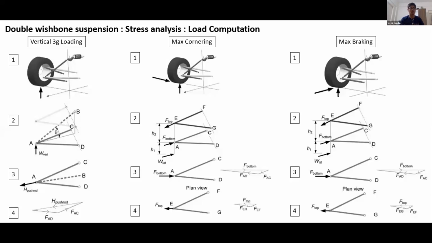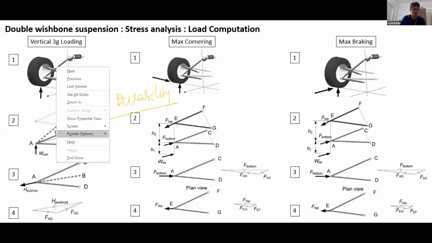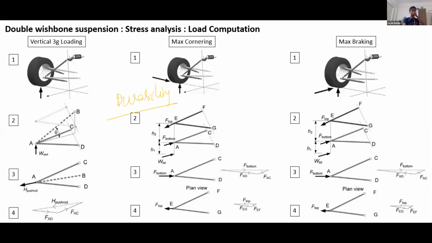But what is also important is what is called the durability, right? Structural durability of the suspension components. Before you can evaluate the structural durability of the components, you need to find how much force is coming onto the components, right? So mainly we consider three main.